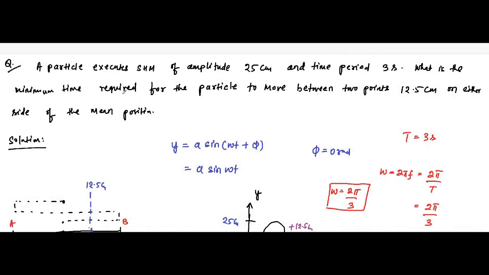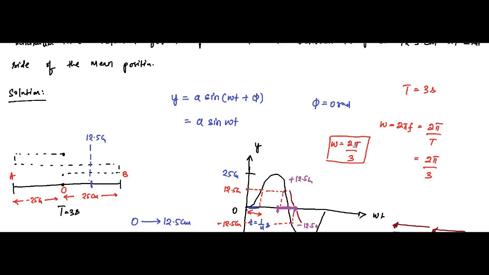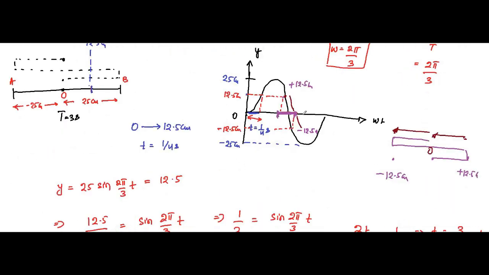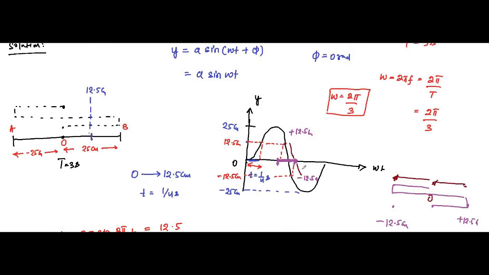So always understand the question properly. For this SHM equation with amplitude 25 centimeter, time period 3 seconds, angular frequency 2 pi by 3, to travel between the 2 points 12.5 and minus 12.5, the minimum time taken is 1 by 4 plus 1 by 4, that is 1 by 2 seconds, which is 0.5 seconds.